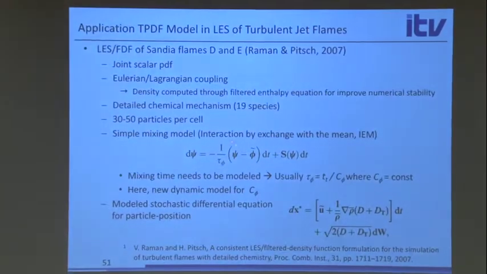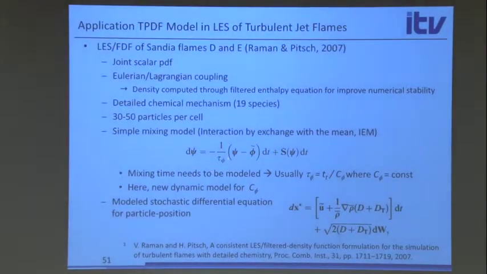So that's why it's called interaction by exchange with the mean. It has a time scale which is related to the scalar dissipation rate. The scalar dissipation is important, I said this earlier, and it evaluates the mean in each cell, and it just moves every particle a little closer to the mean value.